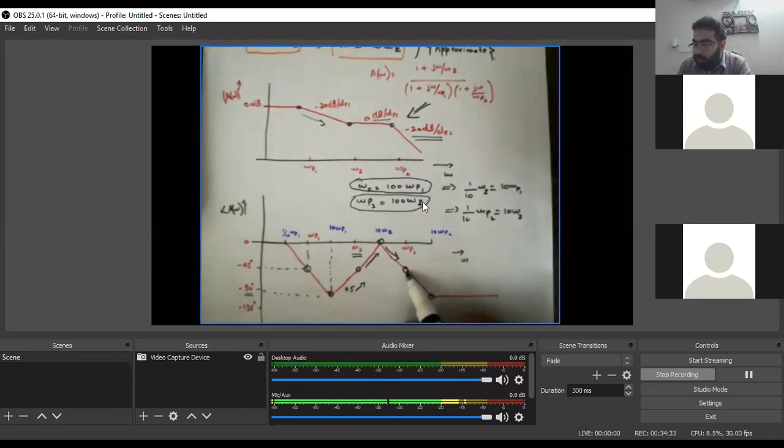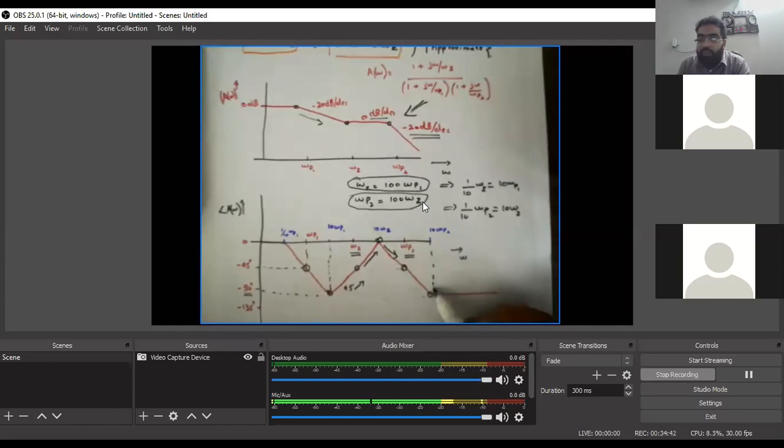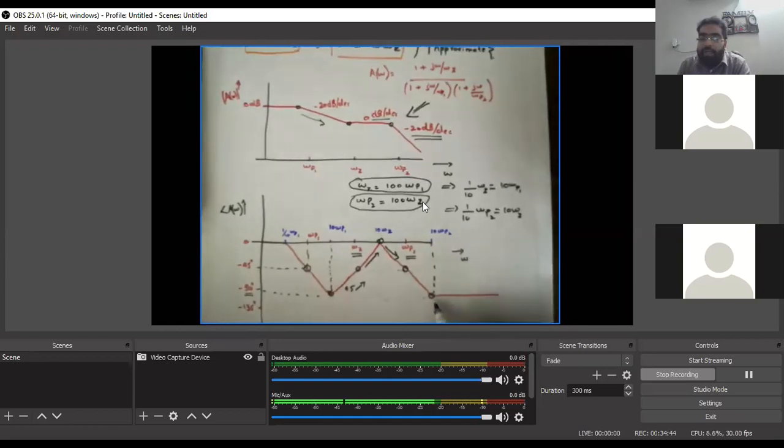At omega p2 we again have an angle of -45 degree, at 10 times omega p2 we have -90 degree, and after this there is no effect. We continue at an angle of -90 degree, since the first pole effect was cancelled by the zero, and this 90 degrees is coming because of the second pole. Okay, so this is normally a phase response.